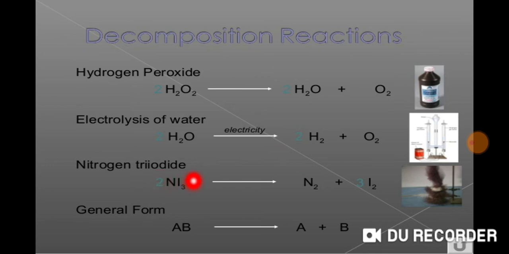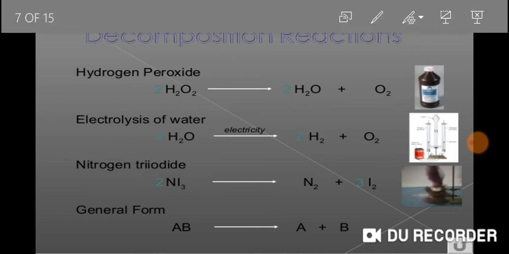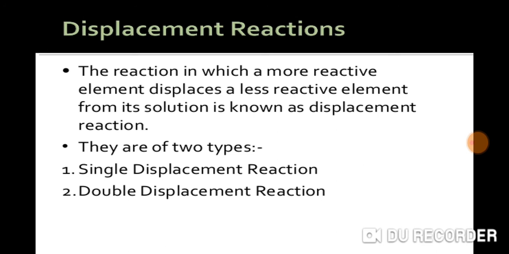Nitrogen triiodide, when heated, forms N2, that is nitrogen gas, and I2, that is iodine. Similarly, AB equals A plus B. This is a decomposition reaction.